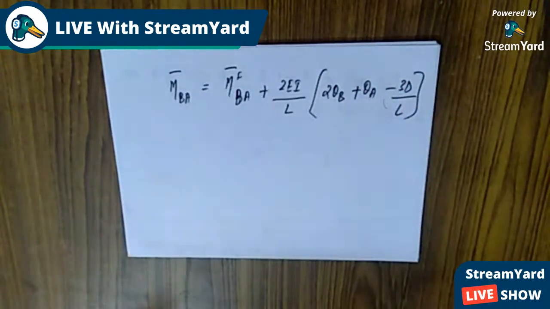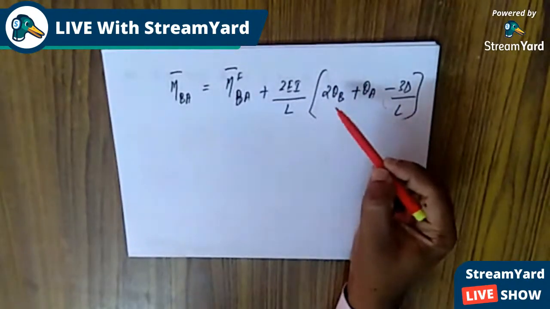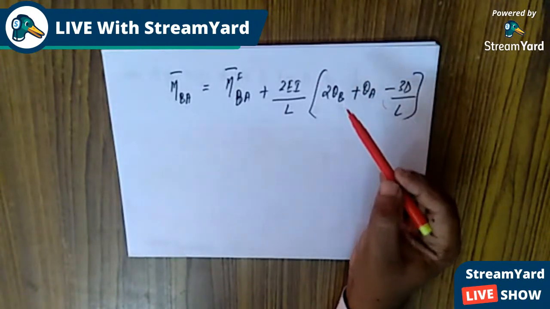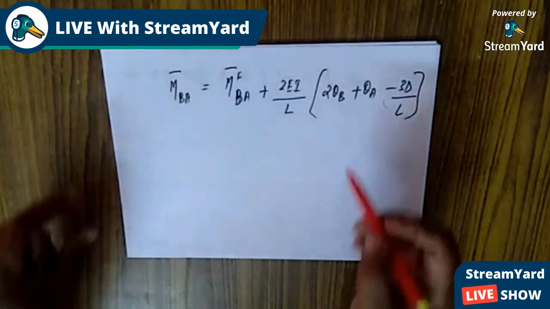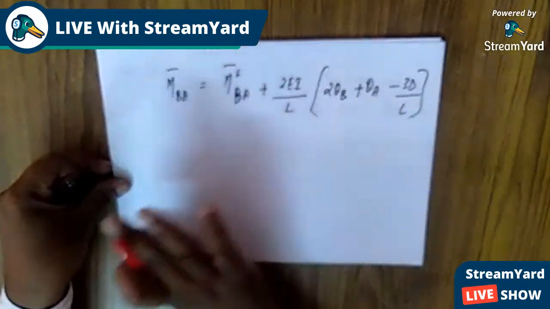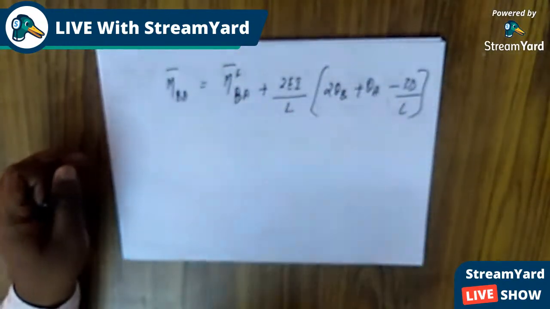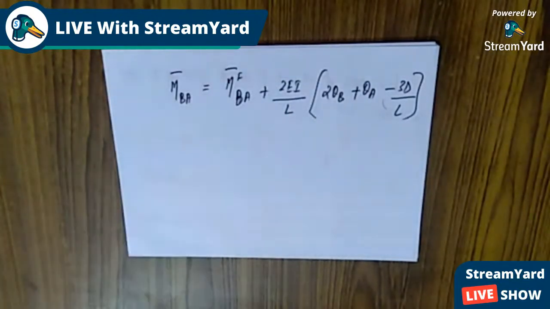Suppose in the end span, if the far end support is fixed, then theta B amounts to 0. So these basic fundamentals of structural analysis we will apply, and finally we will write the joint equilibrium equations, and we will be able to find the moments at each span.